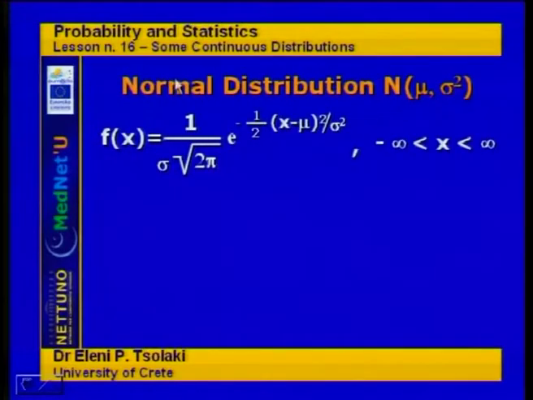It is denoted by the capital letter N, and as before, this is a family of distributions, and the parameters are its mean and its variance. The normal distribution is given for x going from minus infinity to infinity.